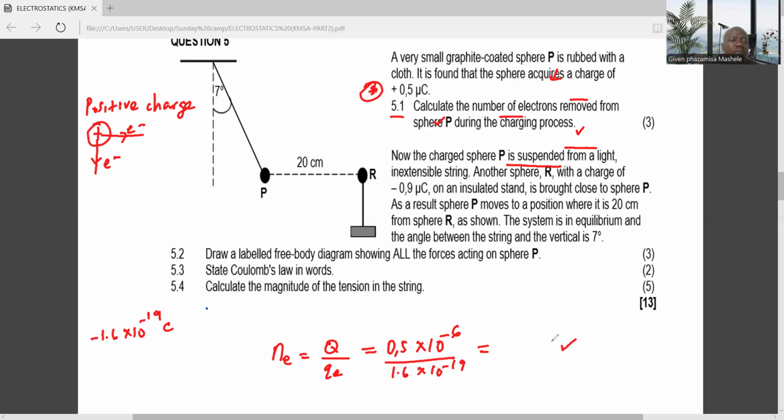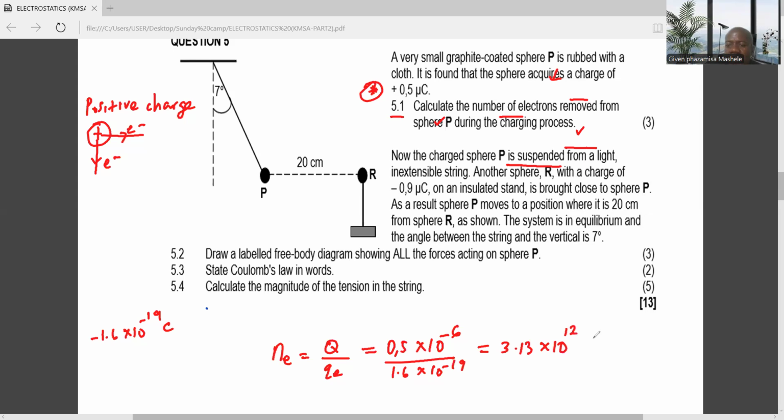Then we are able to get the number of electrons removed from sphere P during the charging process: 0.5 exponential negative 6 divided by 1.6 exponential negative 19. This gives us 3.13 times 10 to the exponent 12 electrons.